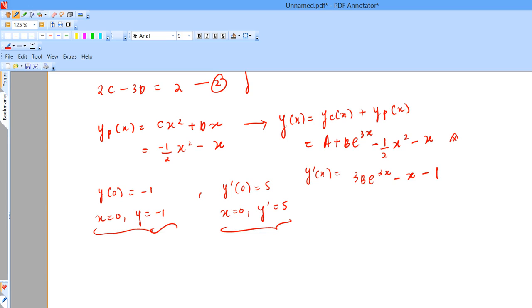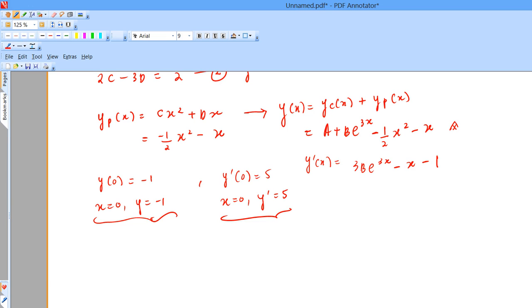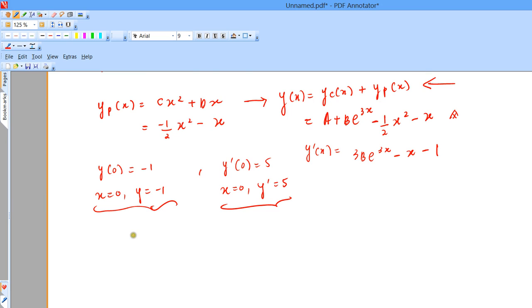For the first value, we just need to substitute into this one. So if we substitute x equal to 0 and y equal to -1, we get -1 equal to a plus b e power of 3 times 0, so we get a plus b, minus 0 and 0 because we substitute x equal to 0.